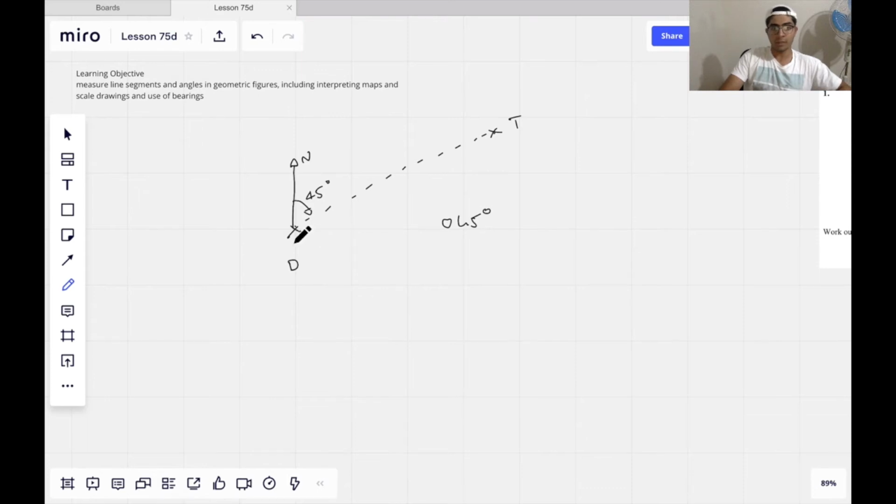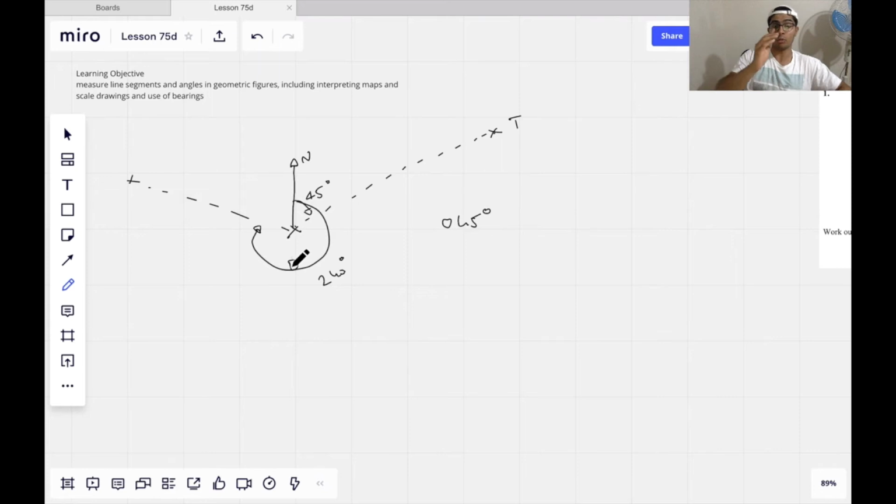So even if the treasure was all the way over here, you'd still have to give the bearing from north and say, look at this angle over here, which might be, what's that? That's more than 230, isn't it? Maybe that's 240 degrees. So you'd have to give this angle over here.